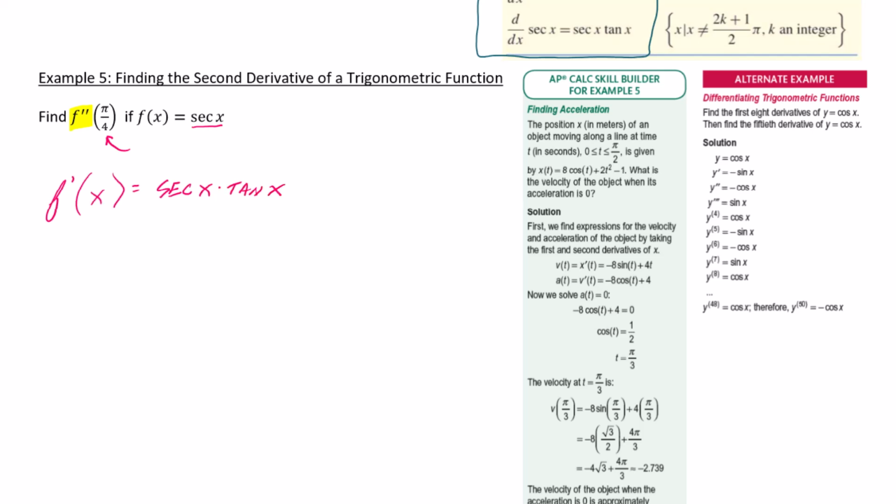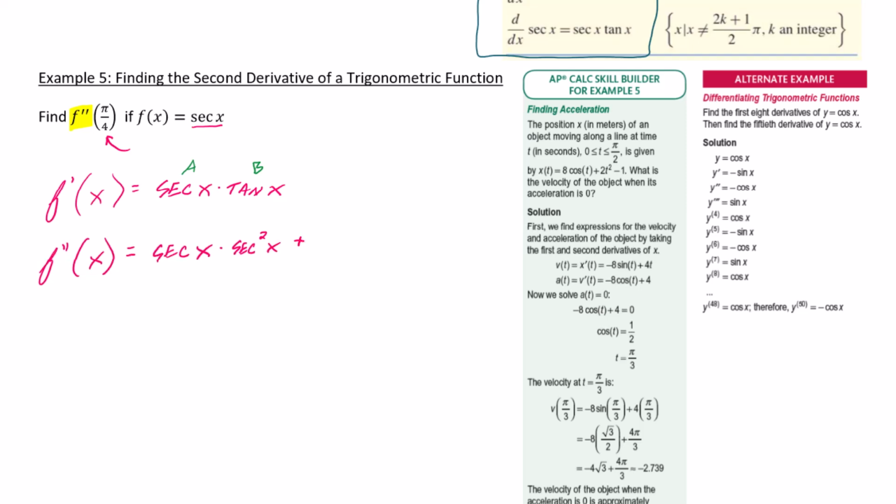And now notice if I want to do the second derivative now, I'll actually have to worry about doing a product rule. So hopefully we've seen that enough times, but if I call that a and this b, the first thing I'm going to do is a times b prime, so that would be secant of x times, and then the derivative of tangent of x is secant squared of x.